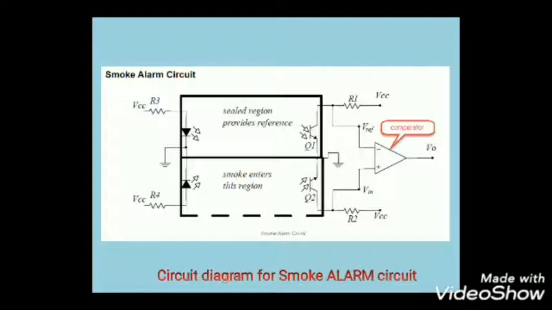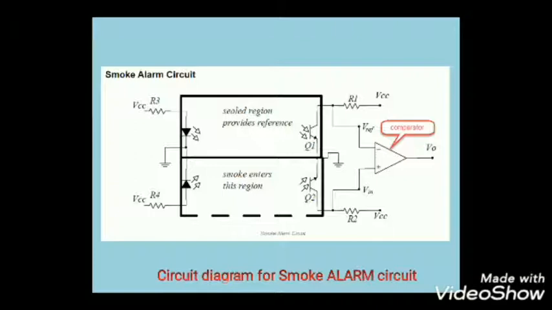When smoke enters the lower region, the operating point of phototransistor Q2 changes, thereby resulting in a change in the voltage Vin from the base value, which is the no smoke value, as the intensity of the light at the base of the phototransistor decreases due to smoke entering the region.